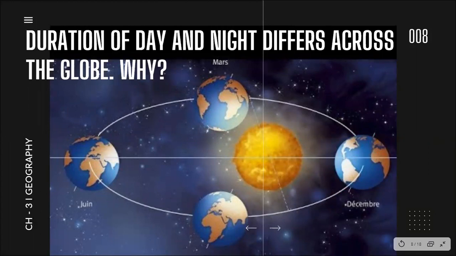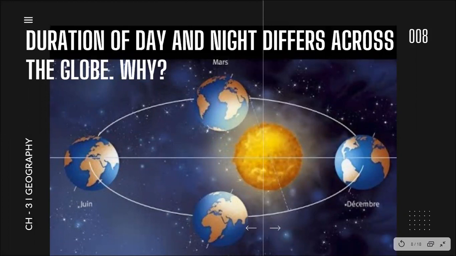We'll come to seasons later on, but the fact is that the duration of day and night differs across the globe because the earth is tilted. And this is also the reason for the North Pole and South Pole. So North Pole receives sunlight 6 months of the year, and during those 6 months, it is night in the South Pole.